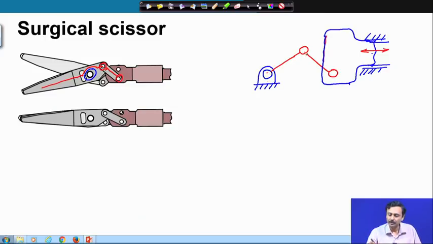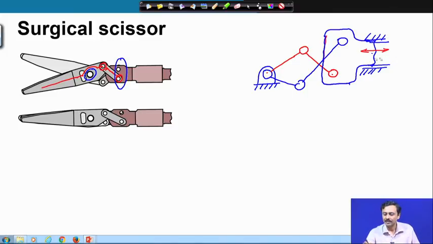So, what do we have for this blade? We have a revolute, revolute, revolute, and a prismatic, and the same thing goes for the other blade. So, we have the other blade like this, which connects again to the same slider, as you can see. So, this is that connection.